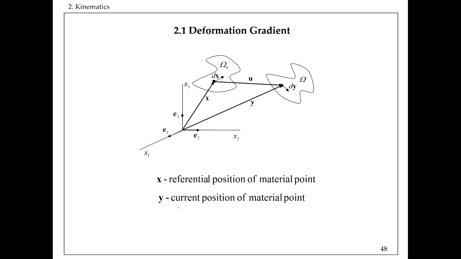Now, this was again just for looking at one particular point, right? But x can be related to any point here. Any point here is characterized by its own position vector x, and therefore the mapping is defined in a very simple way.